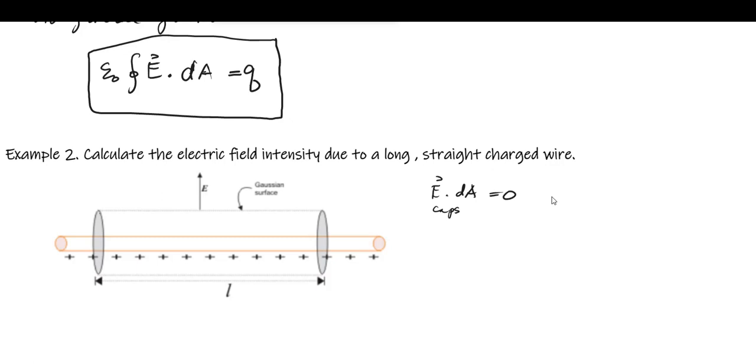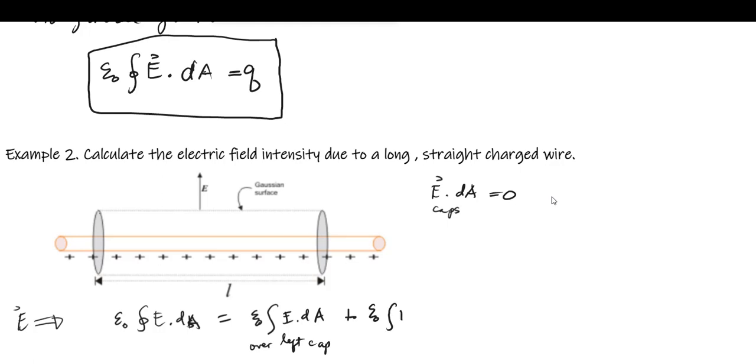Thus, our equation is epsilon naught times the closed integral of E dot dA, which is equal to epsilon naught integral of E dot dA over the left cap, plus epsilon naught integral of E dot dA over the curved surface, plus epsilon naught integral of E dot dA over the right cap. And this is equal to Q enclosed.